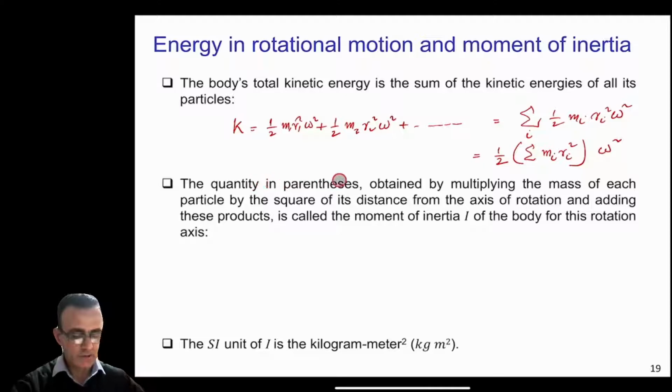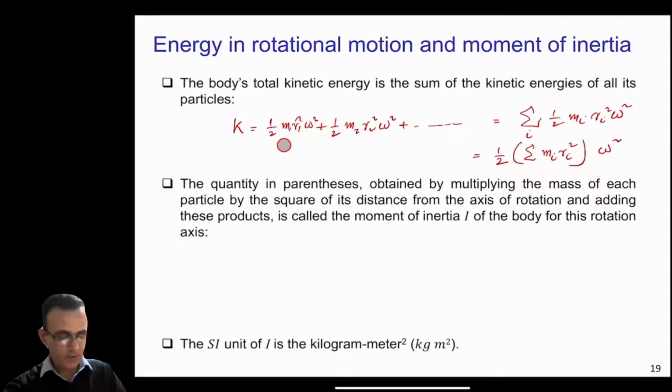Now the quantity in parentheses, which is this quantity here, is obtained by multiplying the mass of each particle by the square of its distance from the axis of rotation, and adding these products. It is called the moment of inertia. So this term is what we call the moment of inertia for this rotational axis.